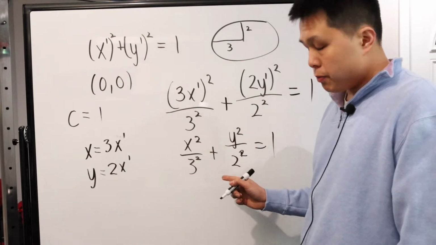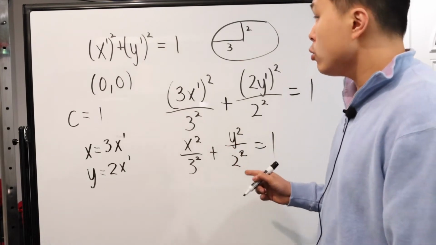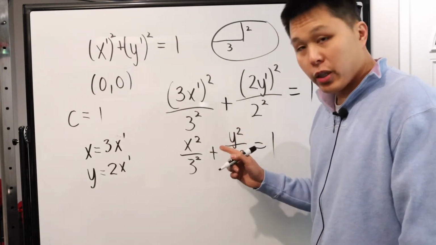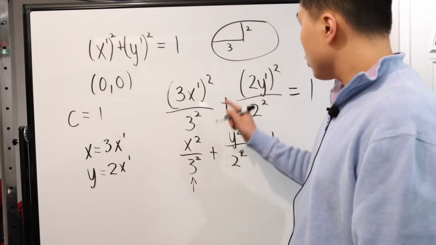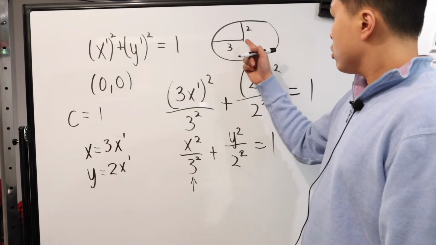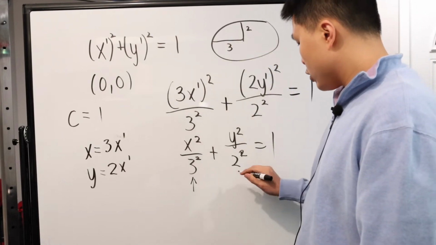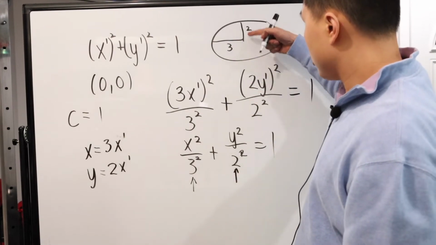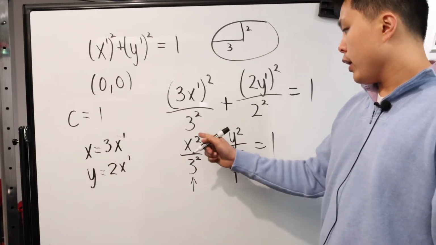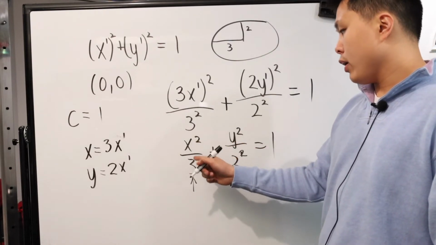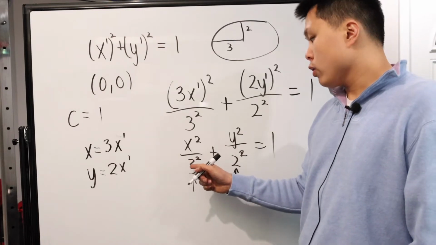And there you go. This looks very close to the formula of an ellipse, except this one is more specified. We have our 3, which we chose to stretch by 3, and then we have our 2, which we also chose to stretch the y coordinates by 2. And just like that, we have our x squared plus y squared, where x squared is over 3 squared.